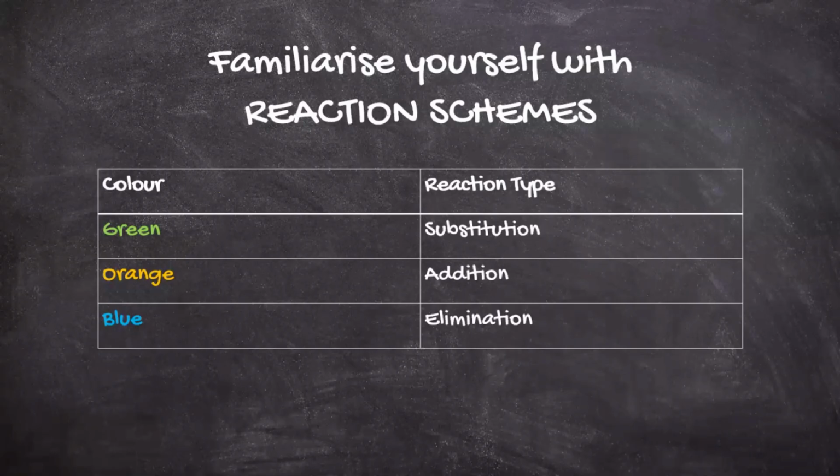There are 3 types of organic reactions, and you have to know the definition of each one. A substitution is any reaction that does not change the saturation of that compound. What do I mean by saturation? A saturated compound means you only have single bonds between your carbons.